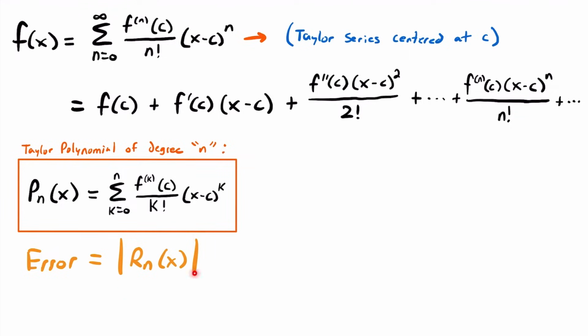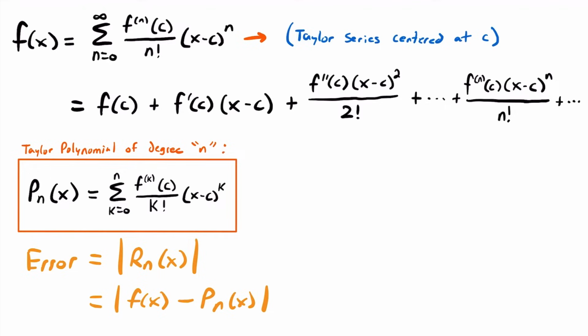We just want to know what that difference is between the actual and the approximation, so we take the absolute value of our error. And what that error is equal to is the absolute value of the difference between the actual value of the function at a particular value of x and a Taylor polynomial of degree n. Right, so the Taylor polynomial of degree n at a value of x is an approximation of the actual value of our function at x, and so the difference between the actual and the approximation will be the remainder, or you could view it as the error.